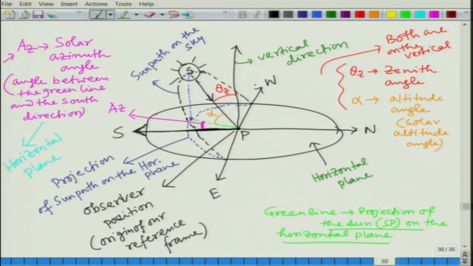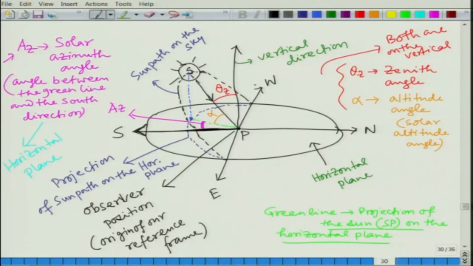One is the zenith angle, how much the sun is tilted from the vertical line, and then the solar altitude angle, how much you have to look up to look directly at the sun, and then the solar azimuth angle, it tells you wherever the sun is, if you drop a projection directly on the horizontal plane, how much that would deviate from the south direction.